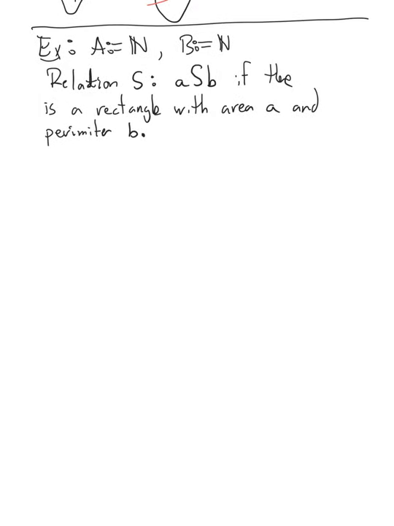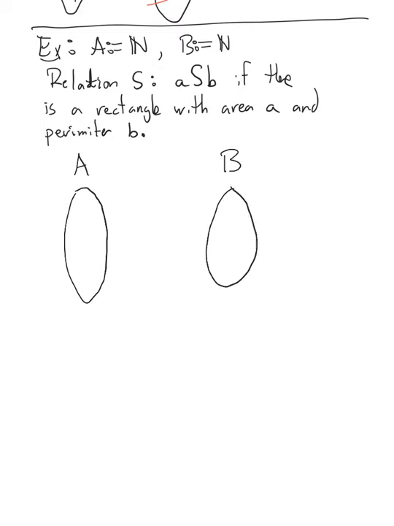So, let's draw it out. A is going to be all natural numbers, so here are all the natural numbers. B, again, is all natural numbers. Well, let's take an element like 10 in A. 10 is a natural number.